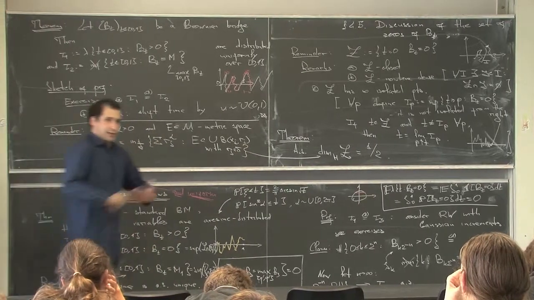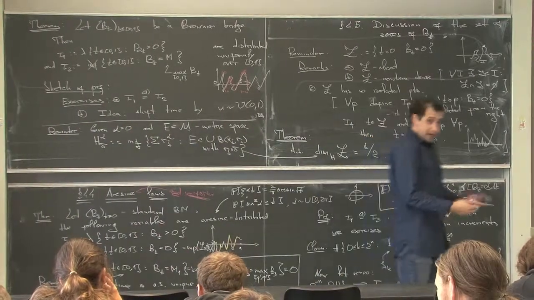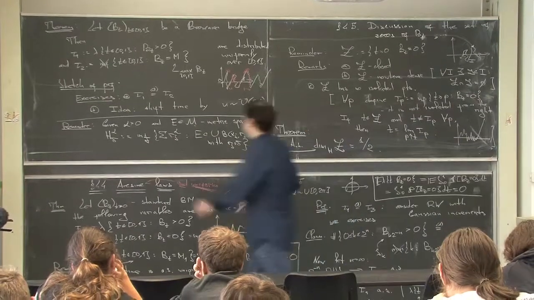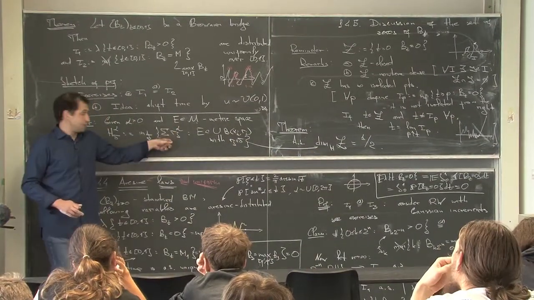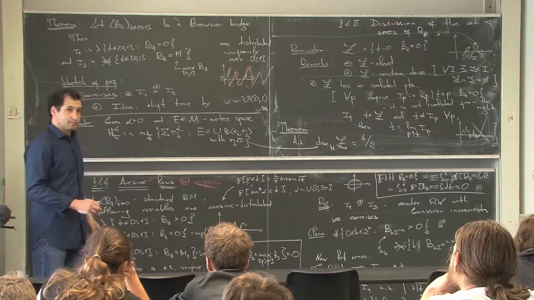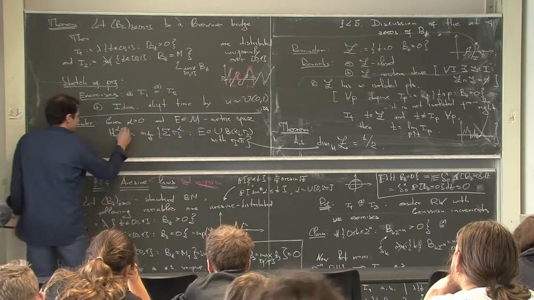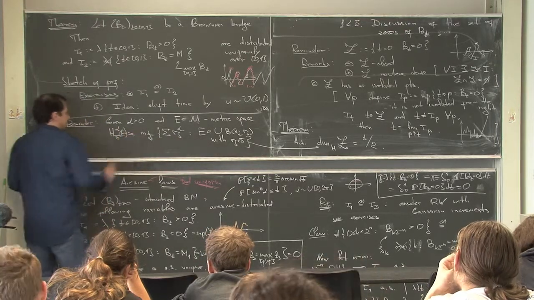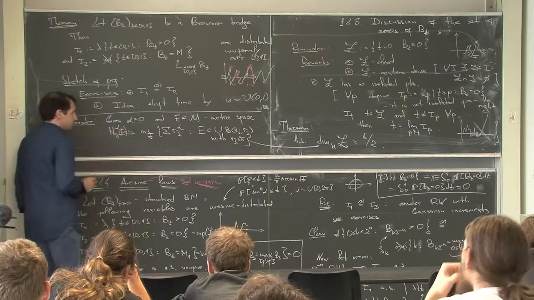So you try to cover your set by metric balls, and what you compute is not, say, the sum of R squared, but this. And then this is H alpha delta of E.